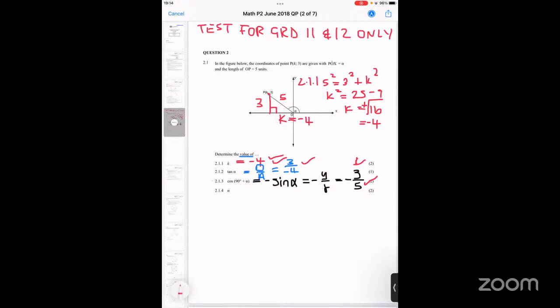Because 90 plus, wouldn't it go to the second quadrant, and isn't sine positive in the second quadrant? Okay, so this is the step that you need to follow. What we are given is cos(90 degrees plus angle alpha).